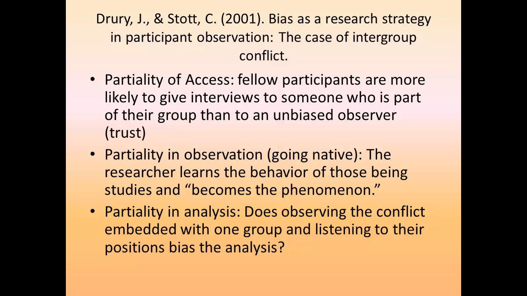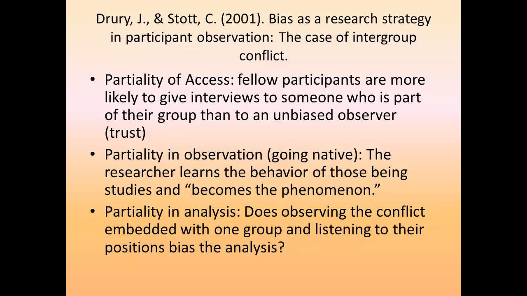Drury and Scott say the optimal method for understanding intergroup conflict is to join one group, thus taking a biased position. The researcher can take bias in the role as a participant observer without skewing the results of analysis and reporting. This article illustrates the challenges of observing intergroup conflict.